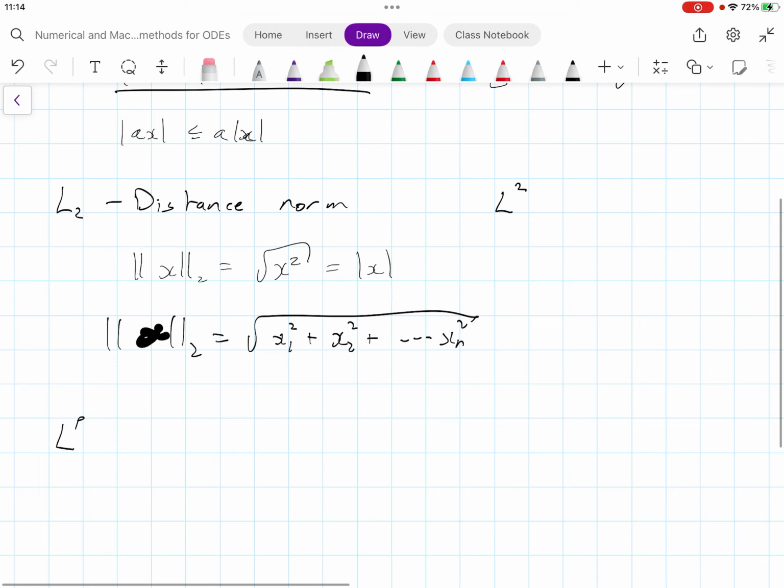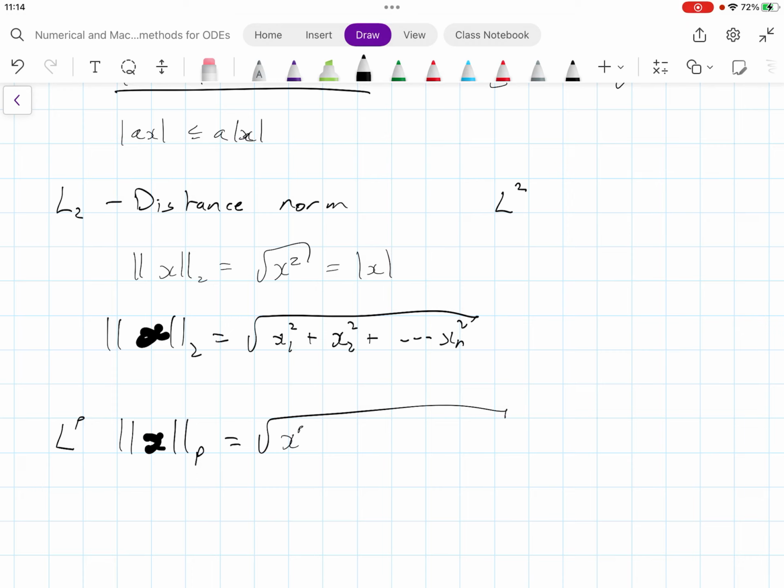Then the extension of that is the Lp norm, which, given some vector x, the p norm is equal to the p-th root of x1 to the p plus x2 to the p all the way up.